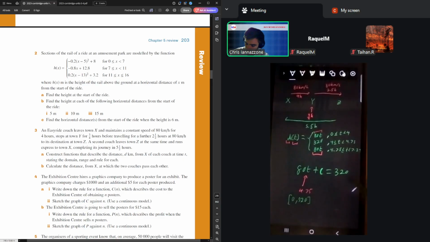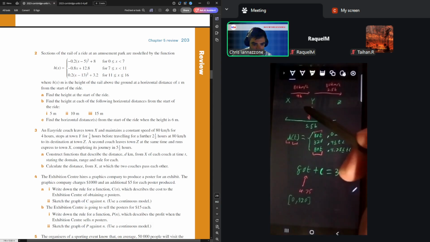That's okay. So what I'm trying to get at here is the range values are our distance values, right? This is in terms of kilometers. So a range of 0 to 520, because we were mapping the journey from x to z and all the stops included, that simply means that the distance from x to z is 520 kilometers.